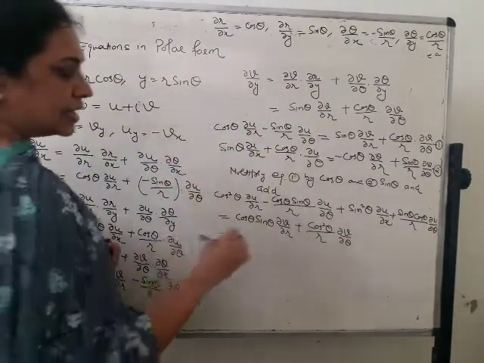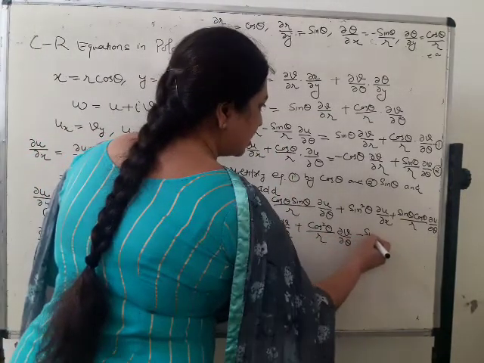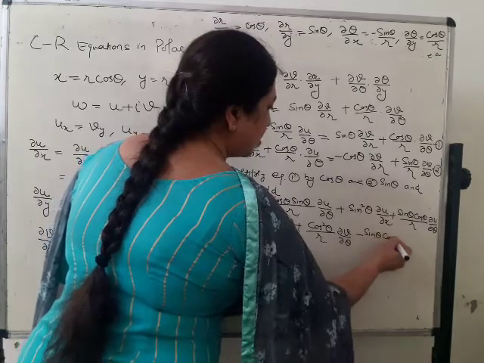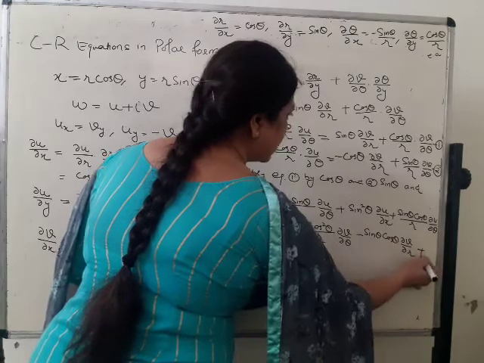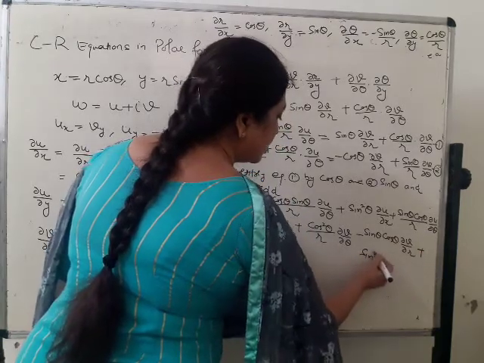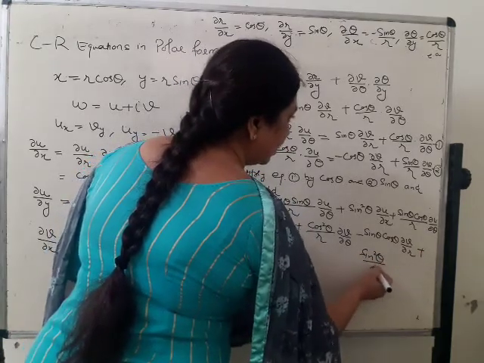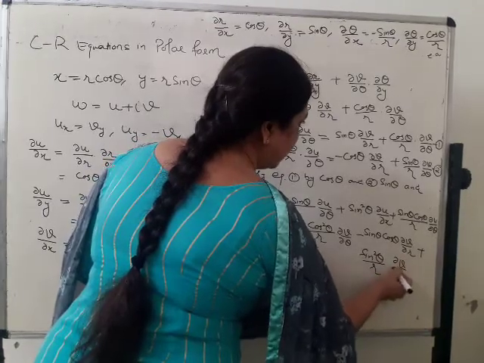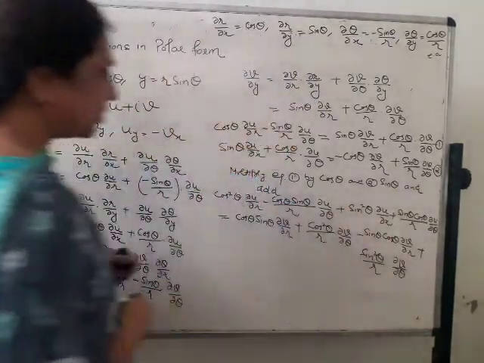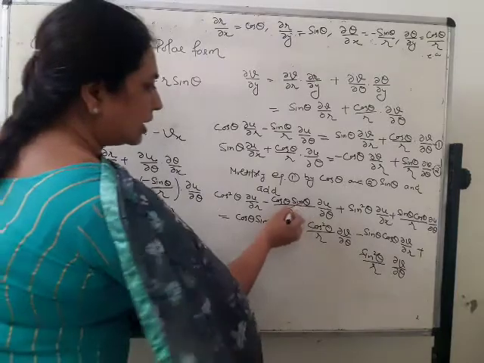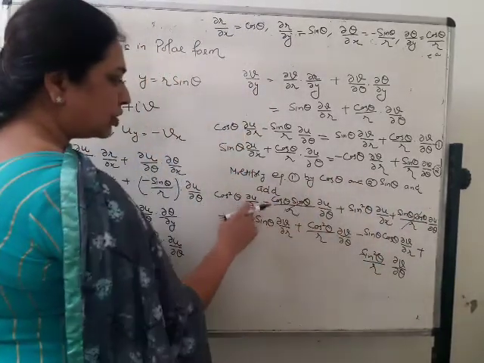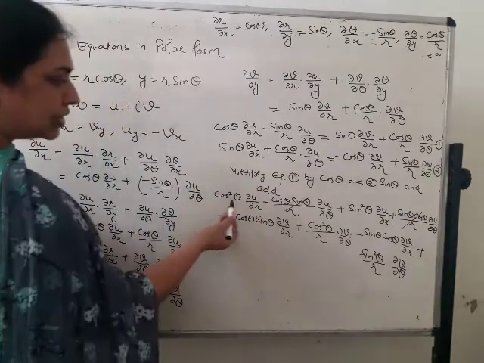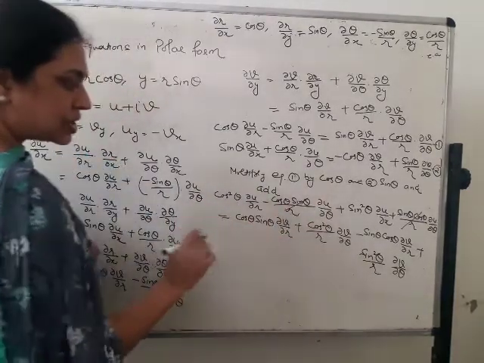The right hand side of the second equation is minus sinθ cosθ ∂v/∂r plus sin²θ/r ∂v/∂θ. Now this term cancels with this one. From these two terms take ∂u/∂r common, then we are left with cos²θ plus sin²θ, which is 1.